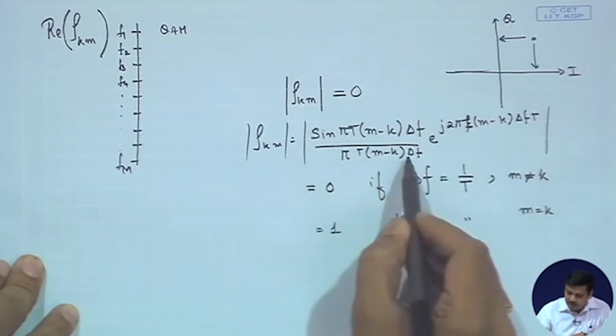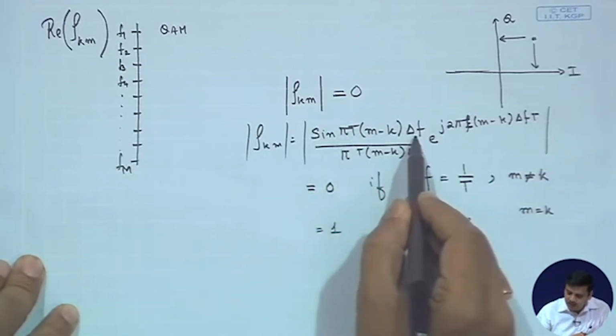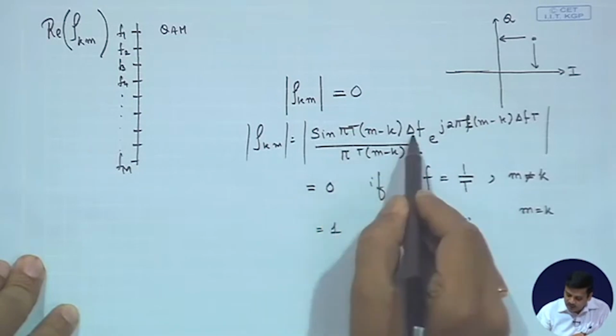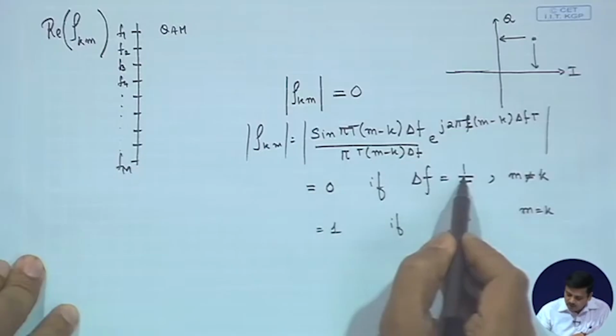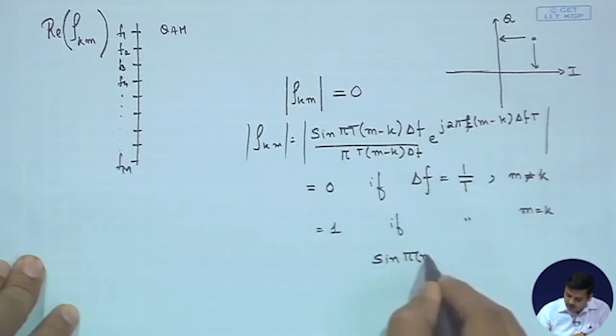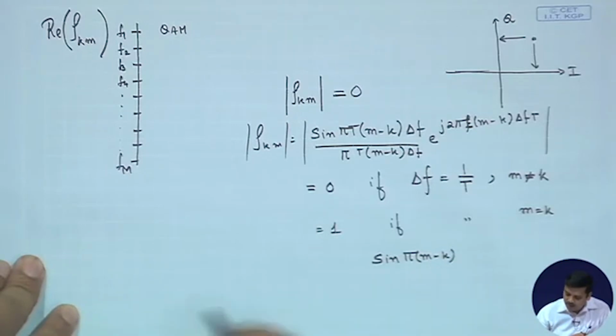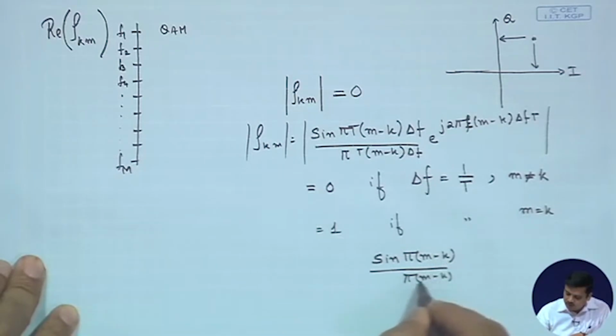So, interested in the sinc, the sinc would go to 0 clearly by the earlier condition that delta f is equal to 1 upon T, because if delta f is equal to 1 upon T, what you are left with in the numerator is sin pi (m minus k), and in the denominator pi (m minus k), which is a sinc function that goes to 0 for m not equal to k, and is equal to 1 for m equal to k, right.